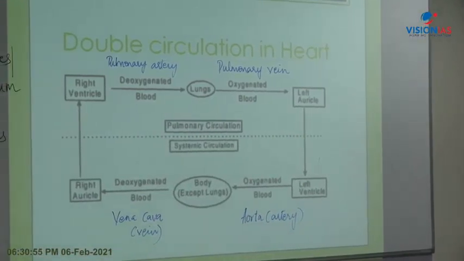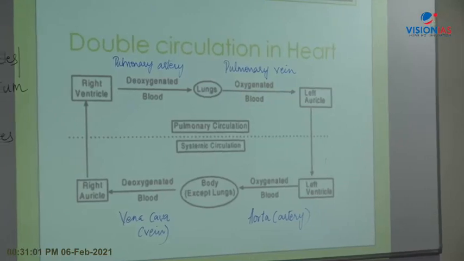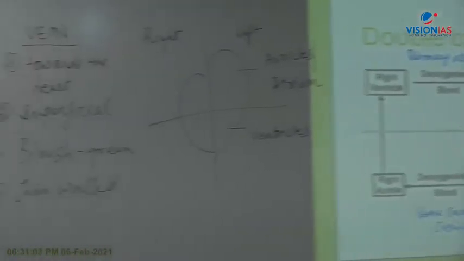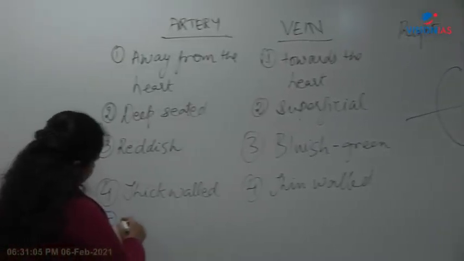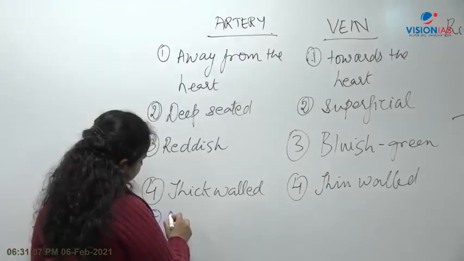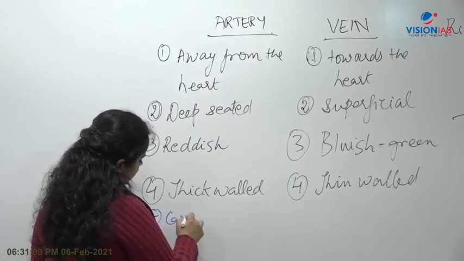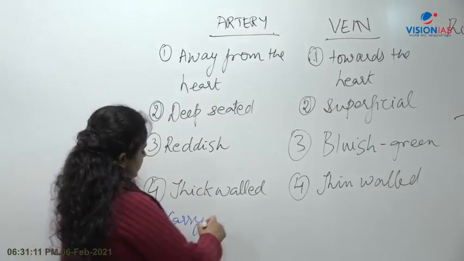Okay, so I've been asked why the veins are bluish green. To make you understand this, I am going to put in another point of difference between arteries and veins.